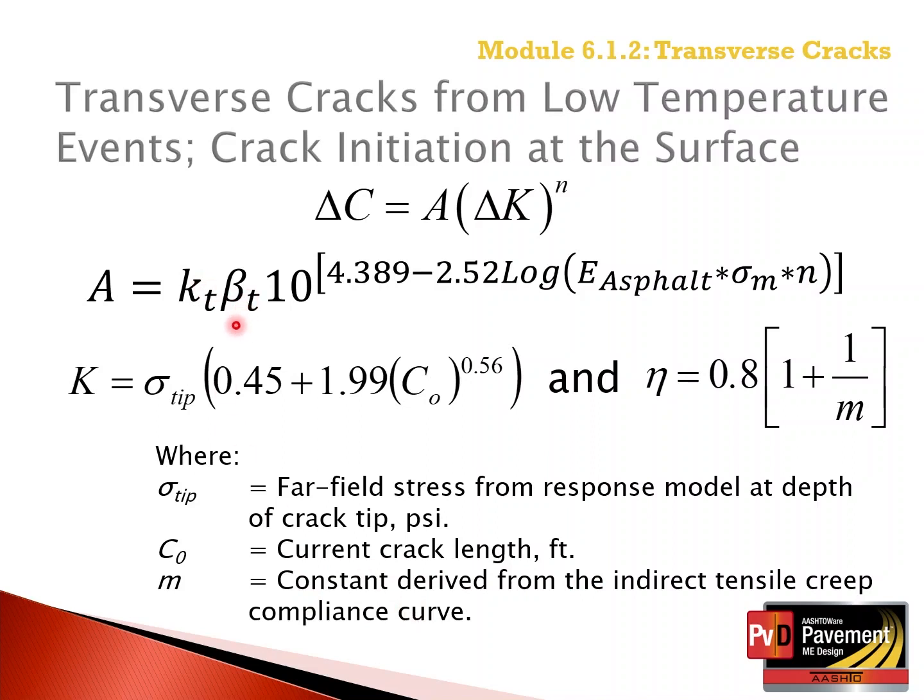The beta T is a calibration parameter, and KT is also a calibration parameter, but related to the laboratory measured creep compliance and strength values.